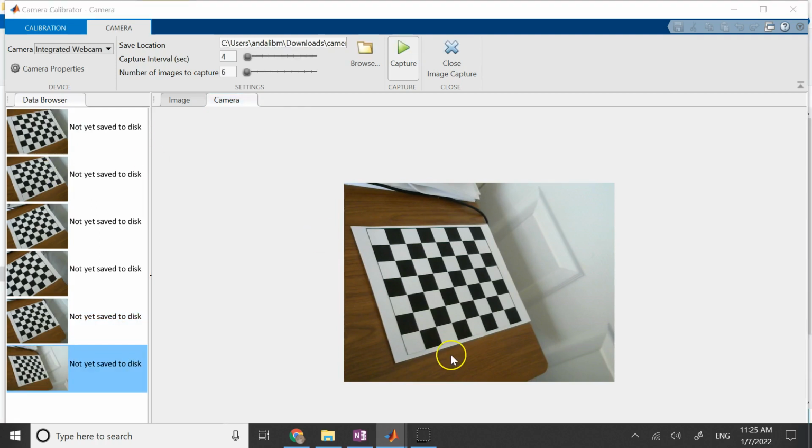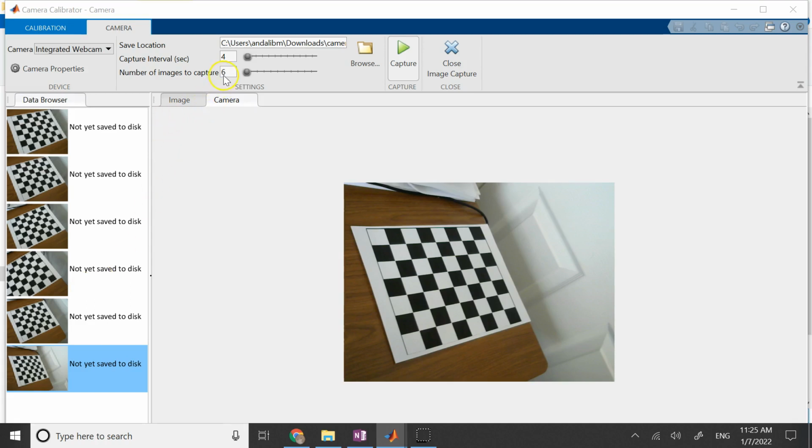So far I have 6 images, right? You can see them all on the left side. This one, the 4th one, is definitely not a good one. But you see here, it is still processing. So you have to be patient and allow MATLAB to process and tell you whether any of them should be recaptured.